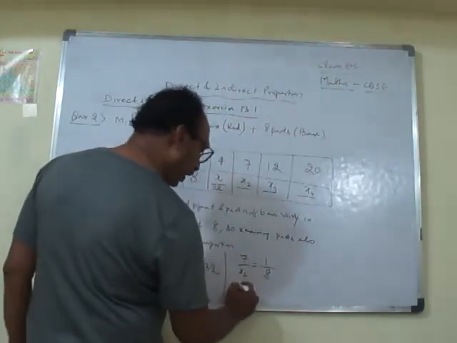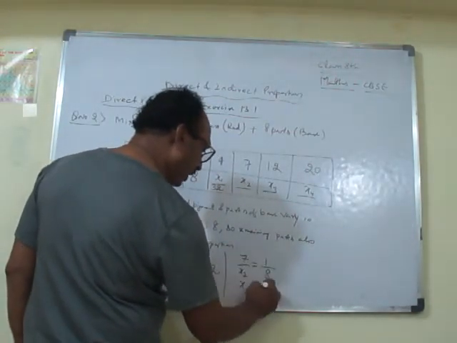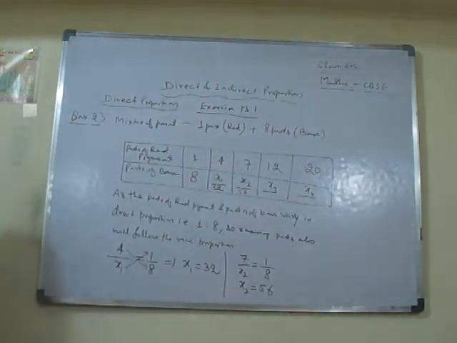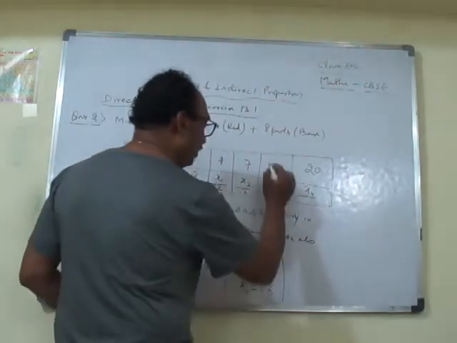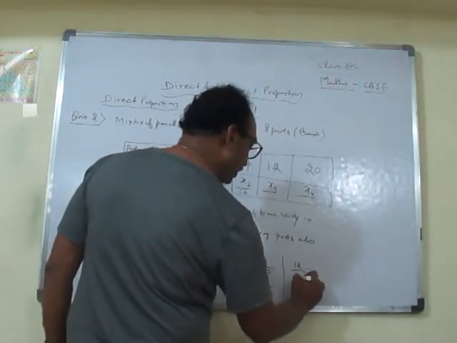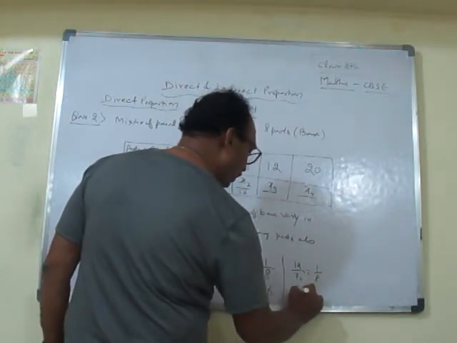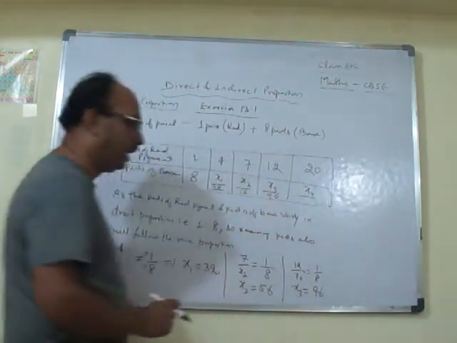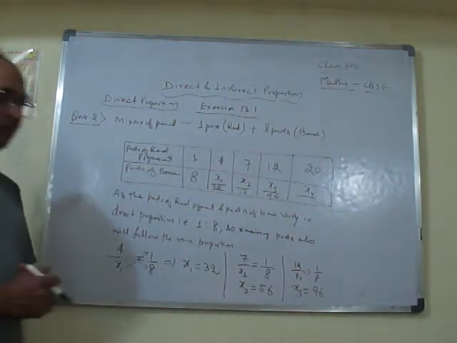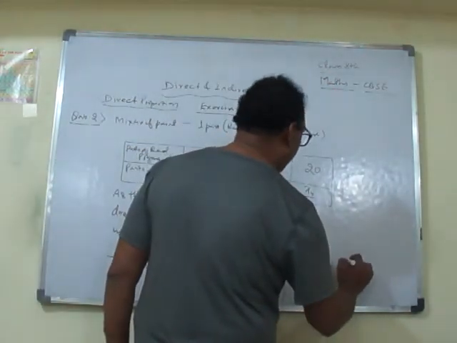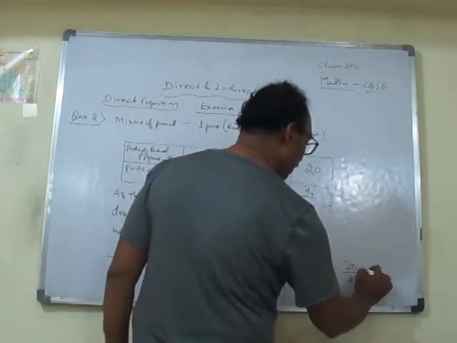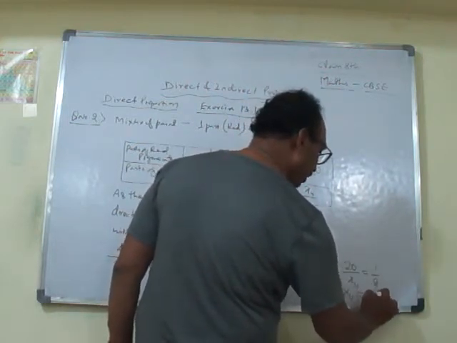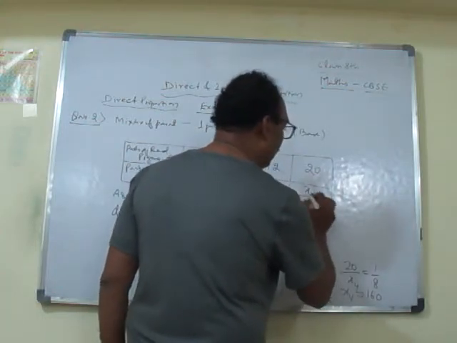Again, x2 into 1 is x2, and 8 into 7 is 56. So here it will become 56. Then 12 by x3 is equal to 1 by 8, so x3 is equal to 96. Then 20 by x4 is equal to 1 by 8, and x4 is equal to 20 into 8, so 160.